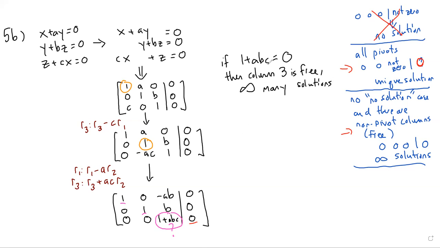And if that's the case, then what I would do is just let Z be T. And then row 2 is going to tell me that Y plus B Z, which is T, is 0. So Y is negative BT.